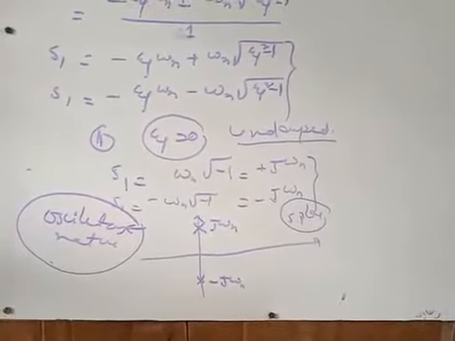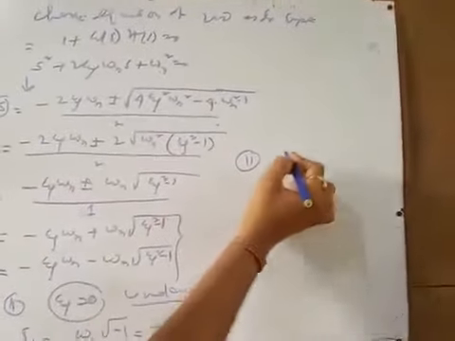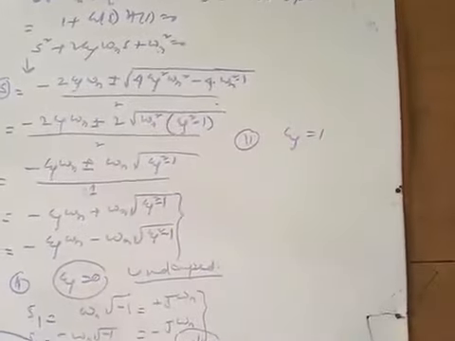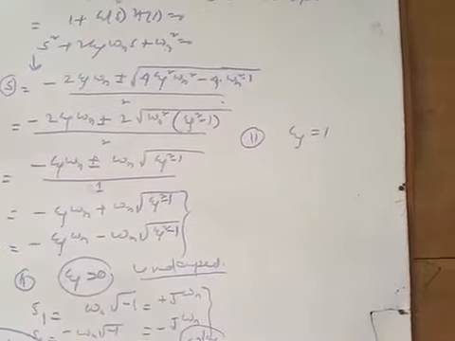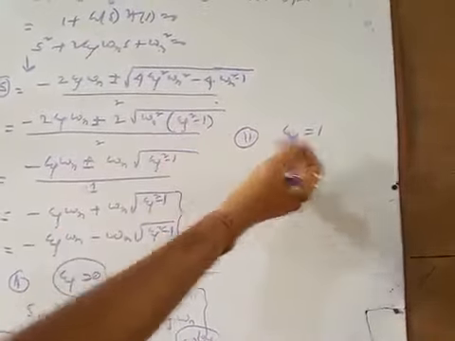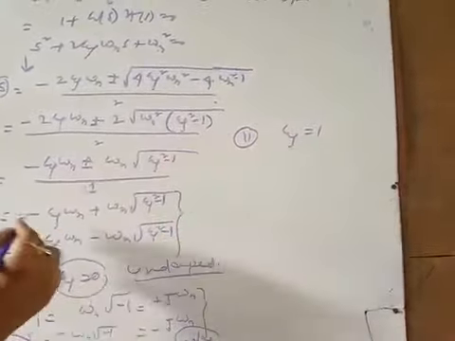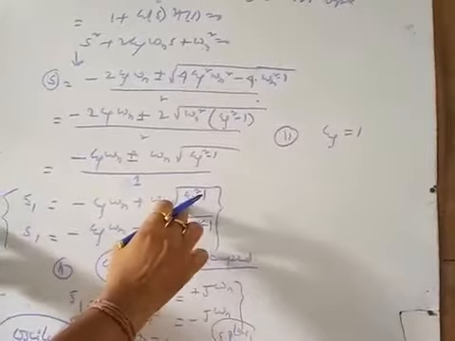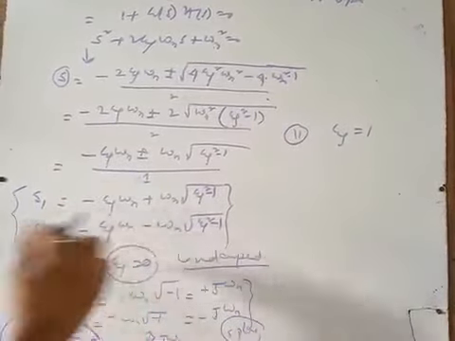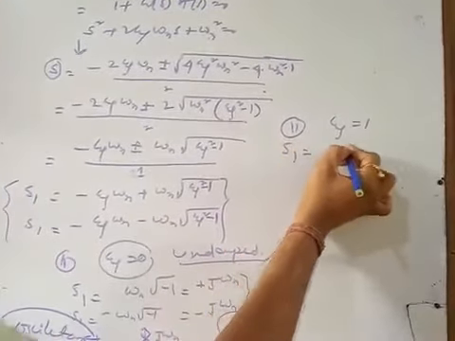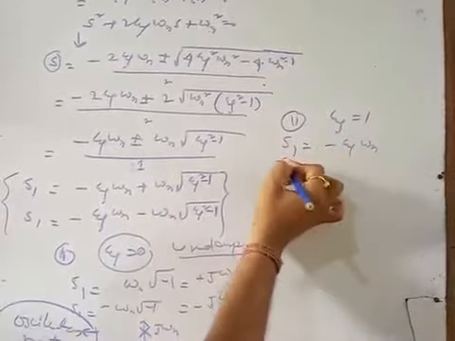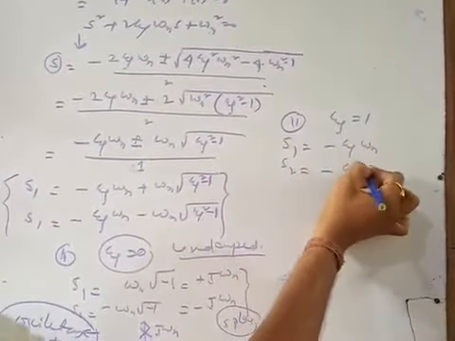Now the next part. If the value of xi is equal to 1, that is the critical damping situation. Put xi equal to 1 at the S1 and S2 locations. You see, the square root part becomes 0. So S1 is equal to minus xi omega n and S2 is equal to minus xi omega n.